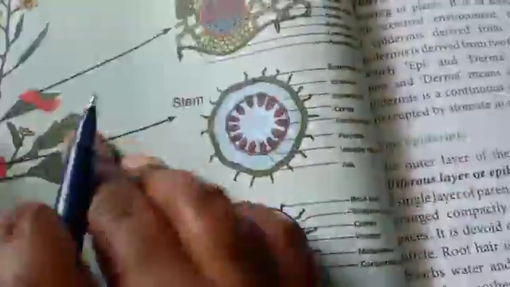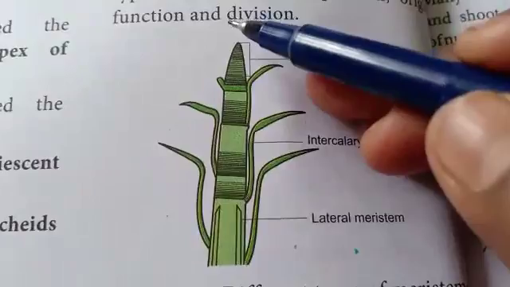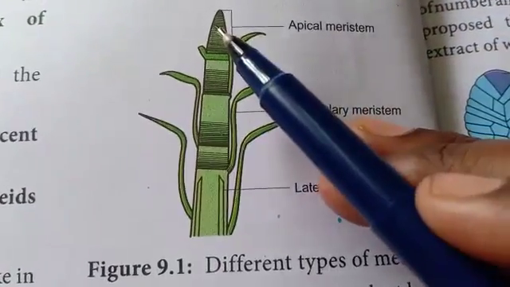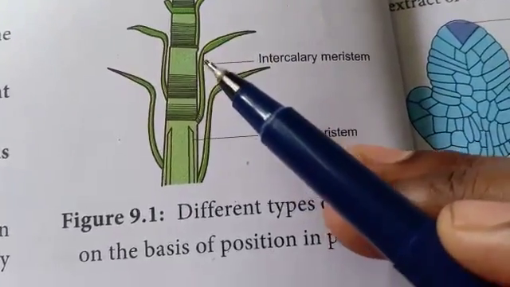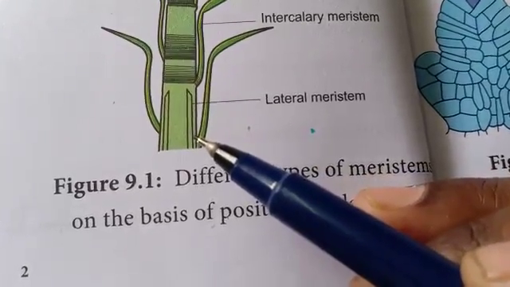Let's go to the meristems now. This is from the last lesson. You have the meristem here. The meristems are of three types. One is apical meristem. The other one is intercalary meristem. And this is lateral meristem.